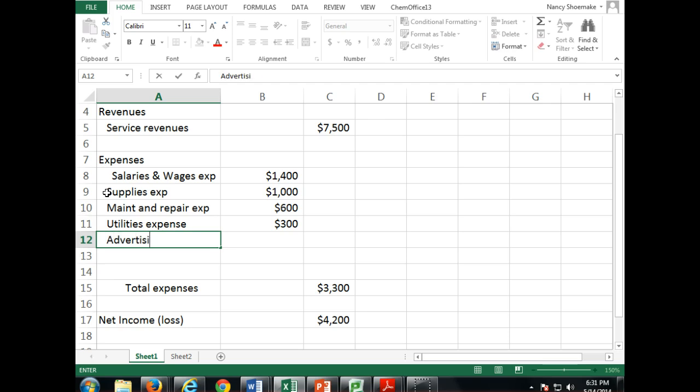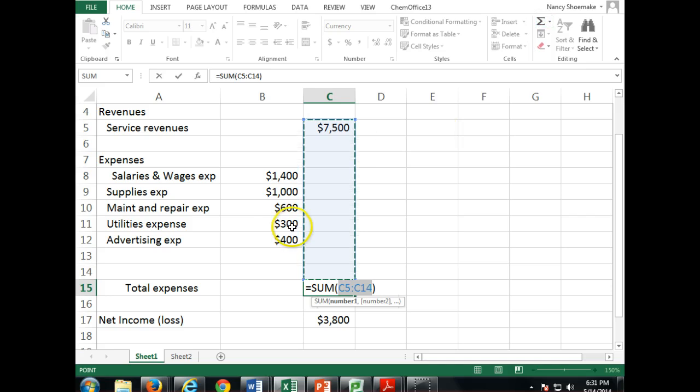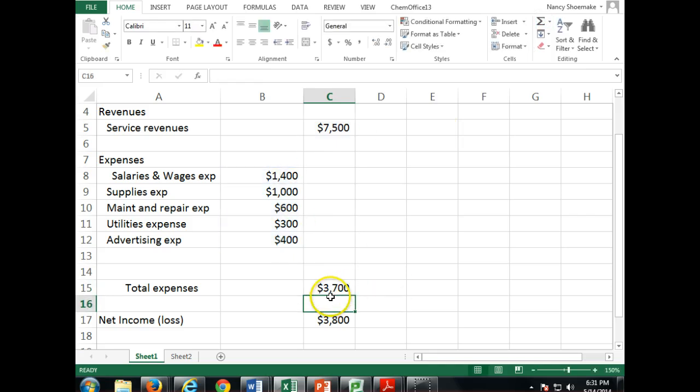Advertising expense of 400. Right? So all of our expenses total 3,700. So therefore we end up with a net income of 3,800, don't we? Does that make sense? Let me know when I can move on, because I don't want to rush you.